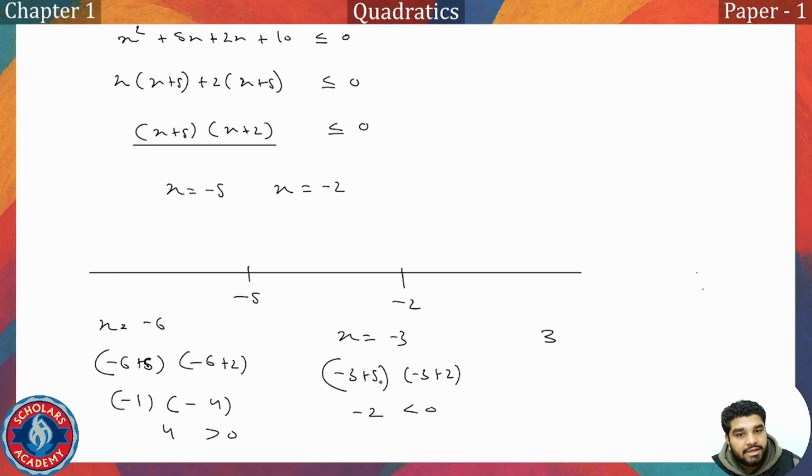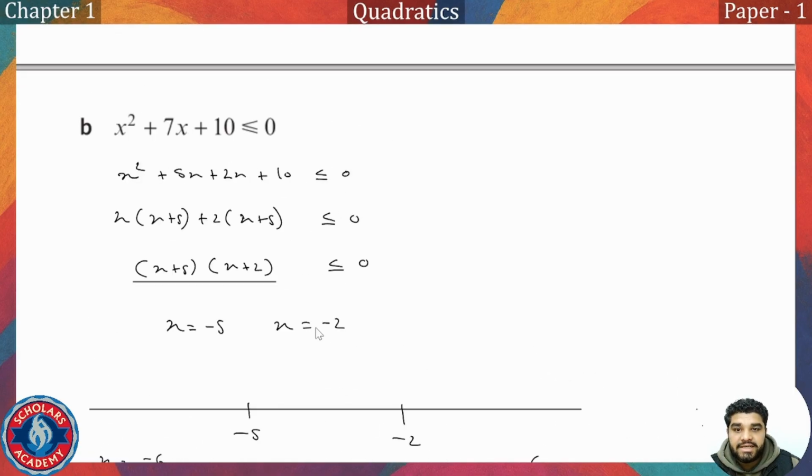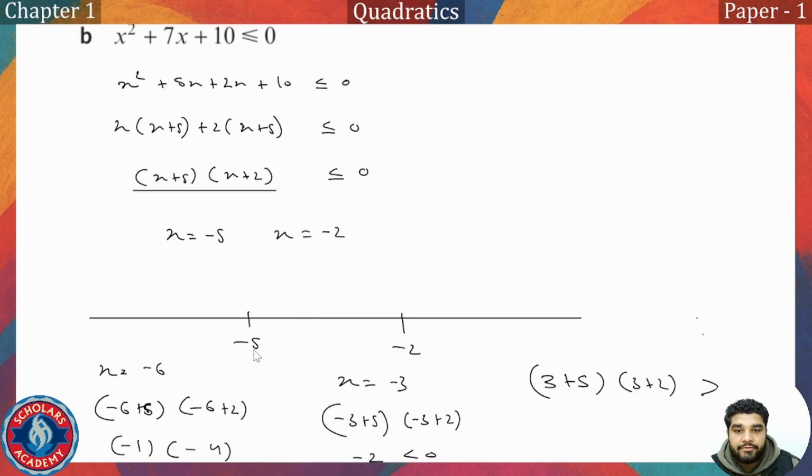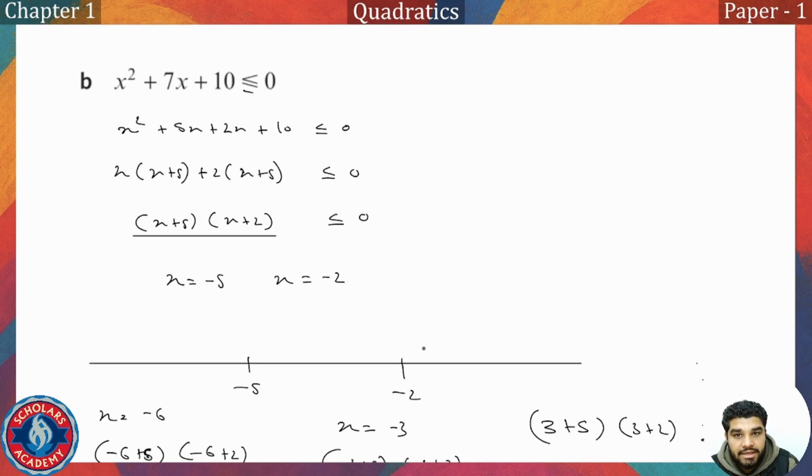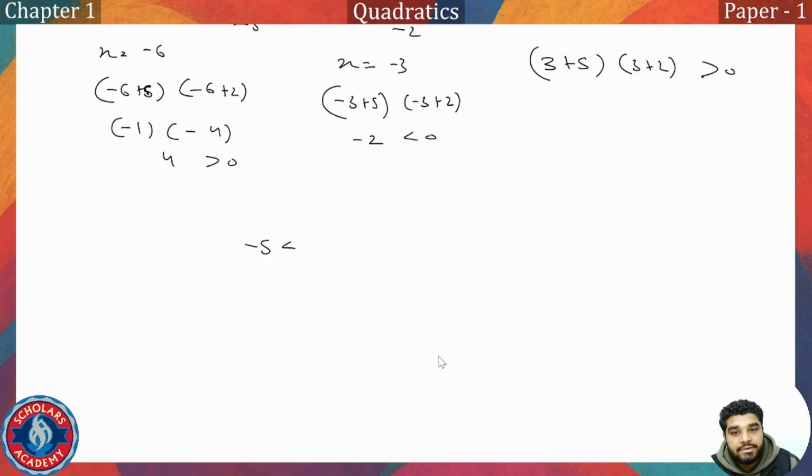If we substitute it, we get 3 plus 5 and 3 plus 2, a positive value. So this is greater than 0. So the values that satisfy this inequality are from the interval negative 5 to negative 2. And we are also taking the sign of equality for that. So negative 5 is less than or equal to x is less than or equal to negative 2. So this range is our answer.